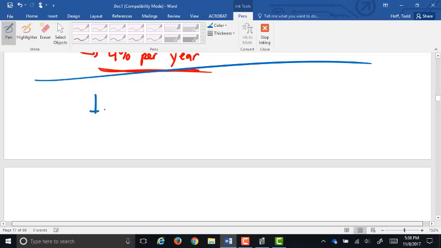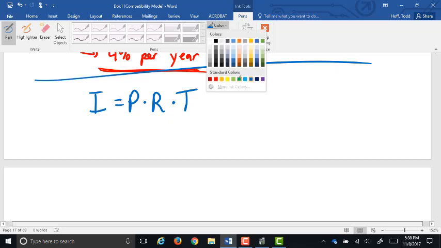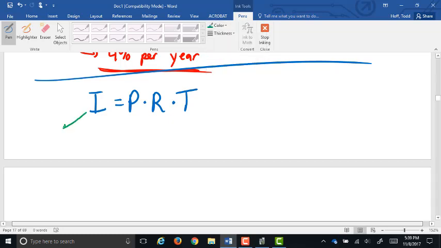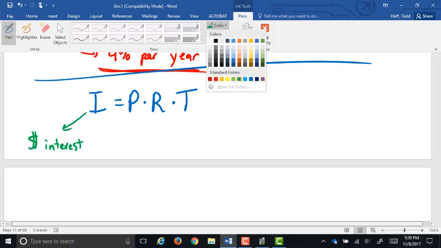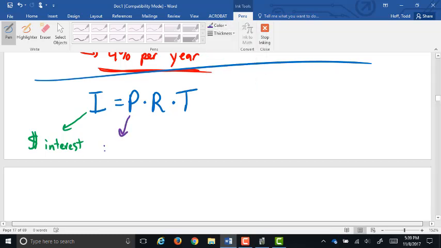So that amount of interest, I, is equal to P, which is the principal, times R, which is the rate, times T, which is the time. Now let's do some defining here. I is the dollar amount of the interest. P stands for principal. That's that starting amount.